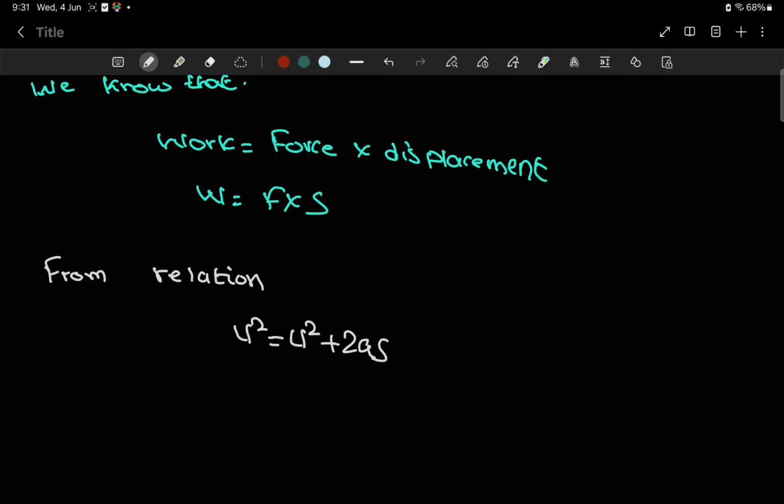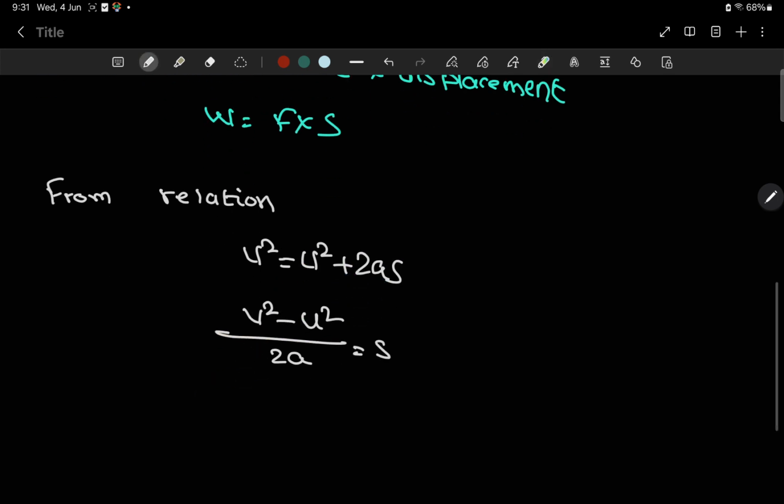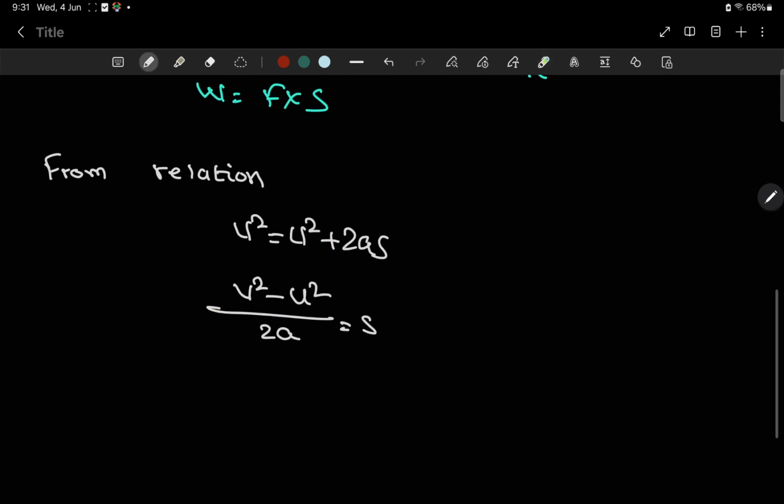So by this formula, let's find the displacement. I am sending all of it to this side. So it will be V square minus U square by 2A equal to S. Why? It was in positive sign, so it became negative, and it was in multiplication, so it became division. So we have got the value of S as V square minus U square by 2A.